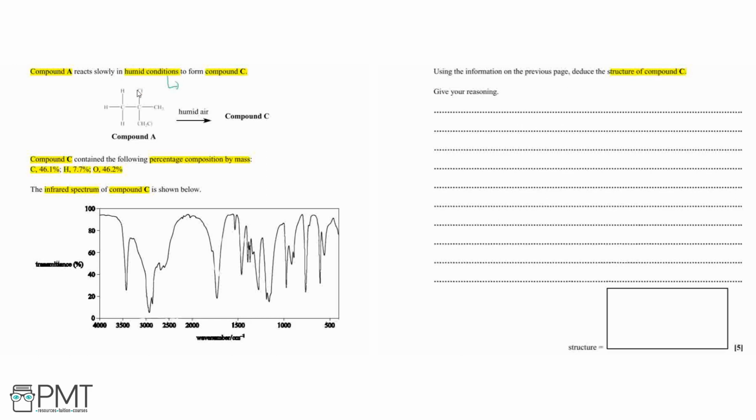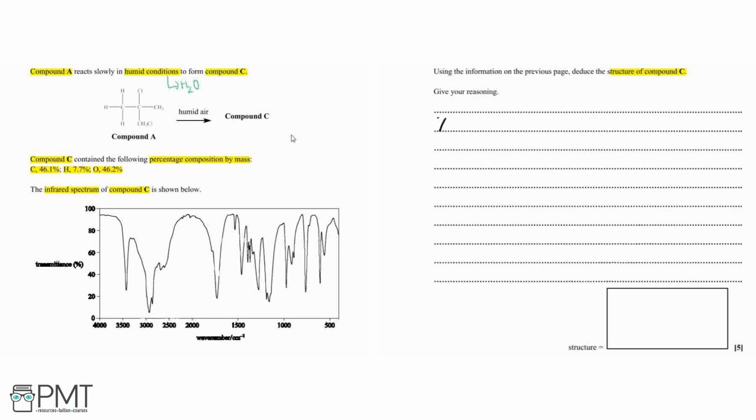So this tells us that we've got some source of water, which is going to be a source of oxygen and hydrogen. So that's something to bear in mind here when we're thinking about our compound C, which only contains carbon, hydrogen, and oxygen. We can now look at our percentage compositions by mass because we can use this data to work out the empirical formula of compound C overall. So let's start by setting us up a table.